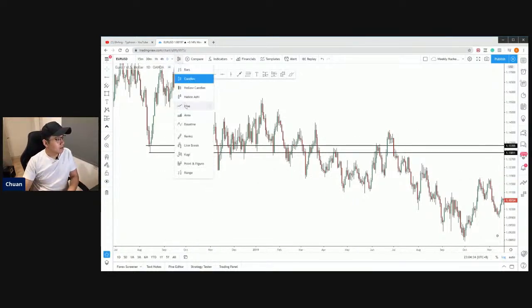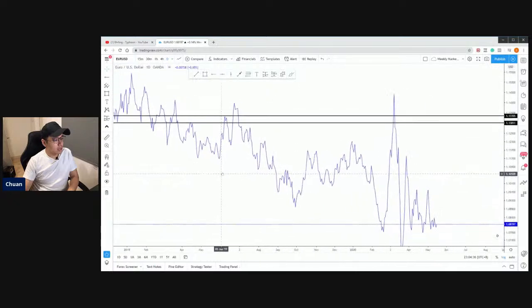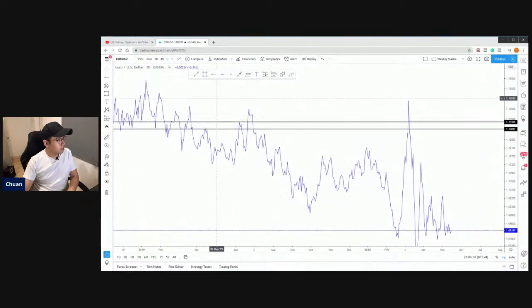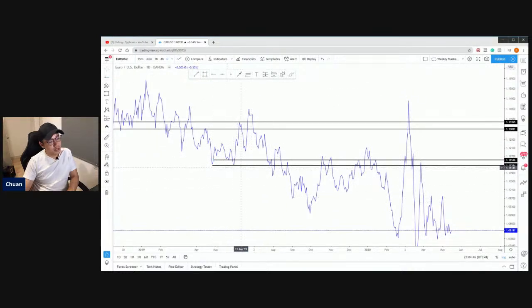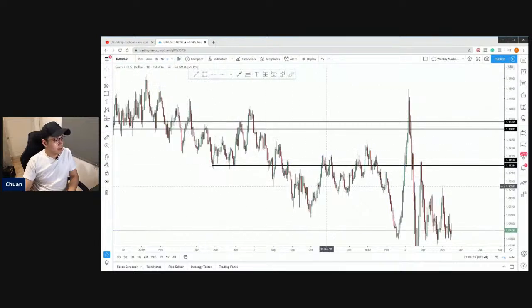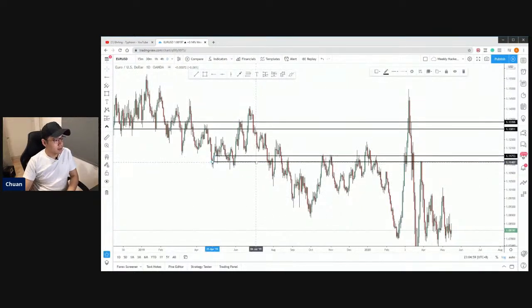Let us go to the line chart again, and we can see, here, this is another one that I can find. Because we can see that all the price is touching this level before any big movement. So we can switch back to candles to verify or further fine tune this support resistance level.